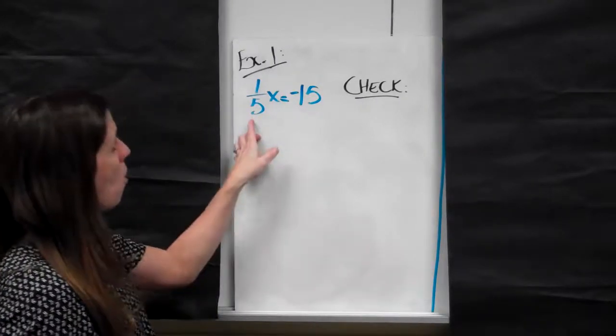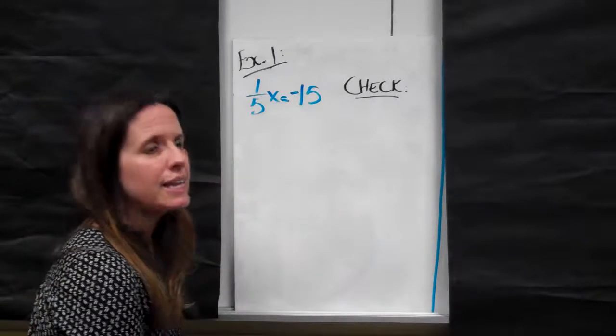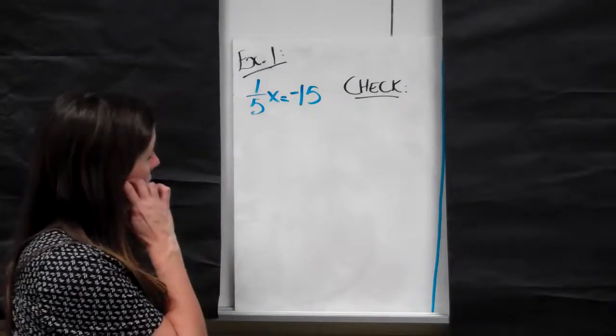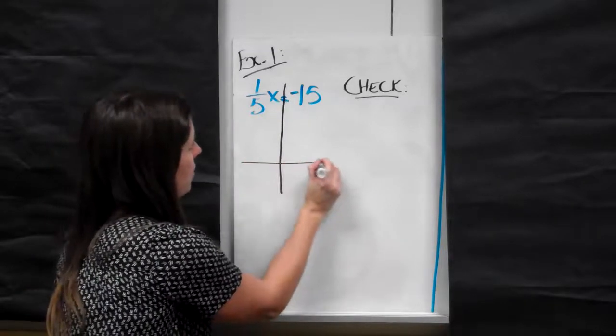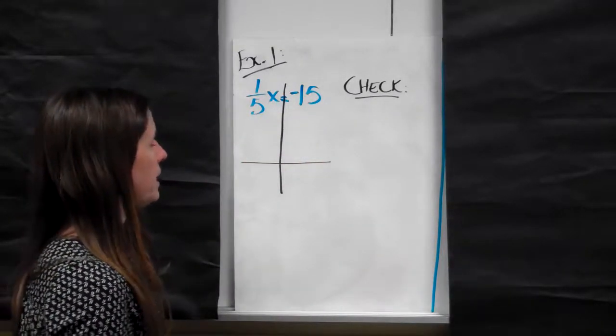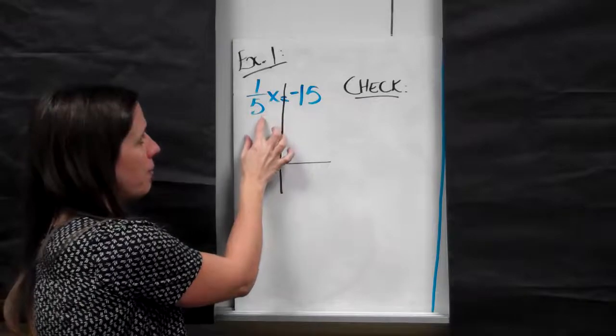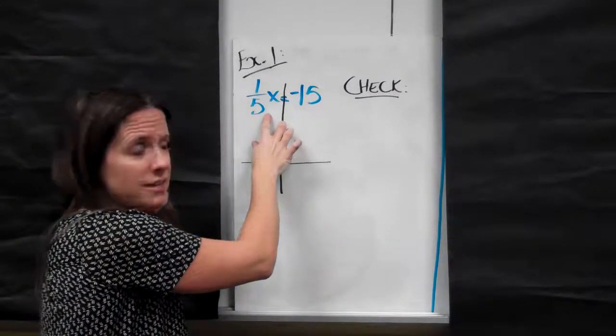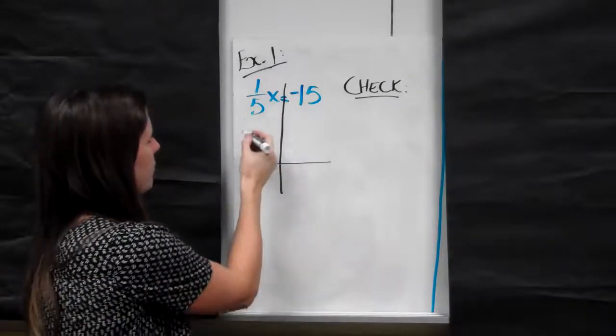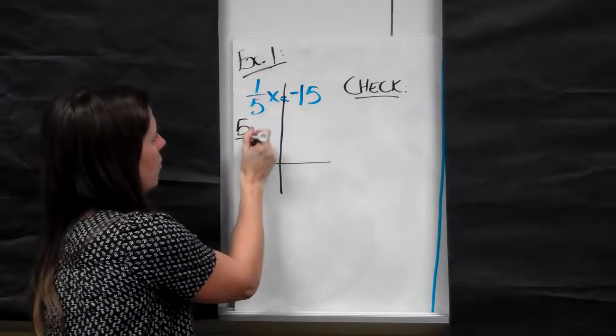We have 1/5 times x equals negative 15. So the first thing we do after drawing our wall is to think about what would we have to multiply 1/5 by to get this to be 1x, to isolate that variable. The reciprocal of 1/5 is 5 over 1.